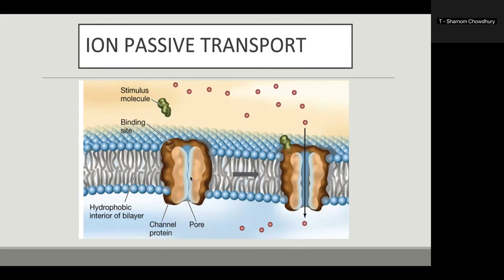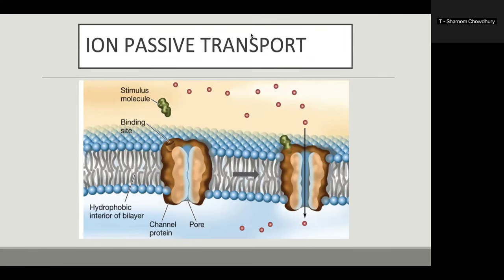If it was hydrophobic, then the ions would not be able to transport through. That's the reason why they need a membrane protein in the first place. These molecules are not able to directly pass through the membrane bilayer because they can't interact with the nonpolar hydrophobic region. So these channel proteins have a hydrophilic region in the middle such that these molecules are able to go through. And they also have a hydrophobic region which allows them to be embedded within the cell membrane.